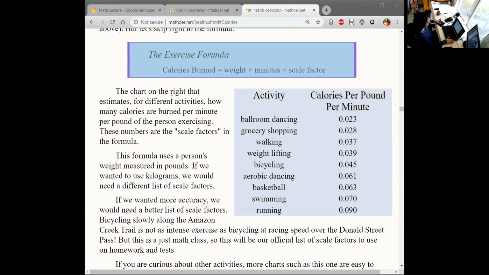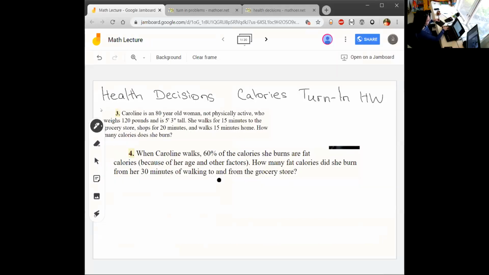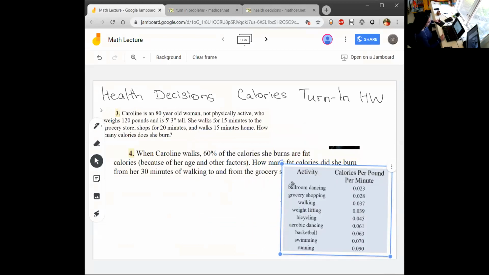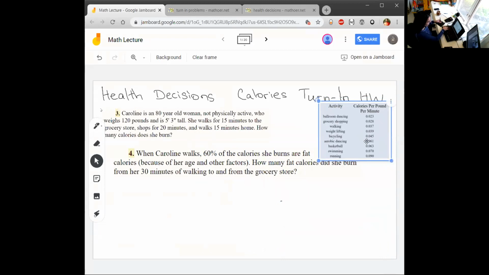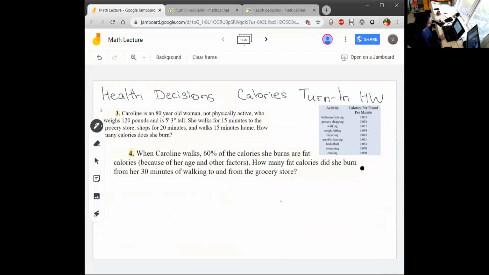Yeah, I think I tried this, but I think I used the wrong number. Okay, so for walking, that's 0.037.